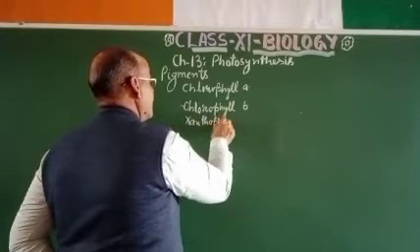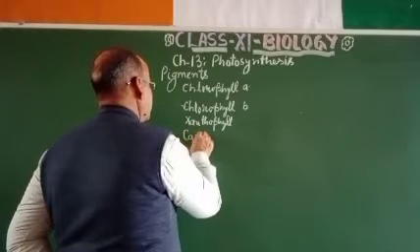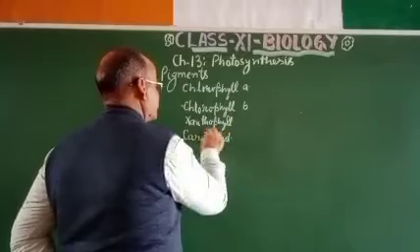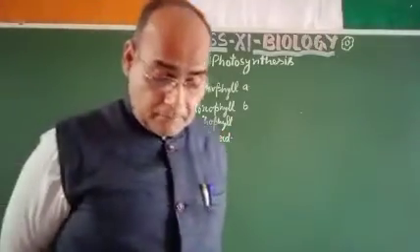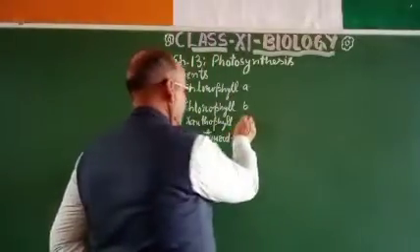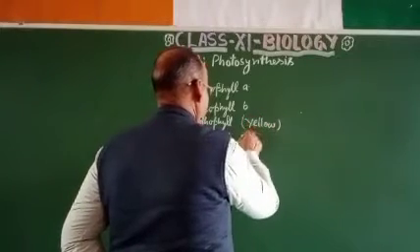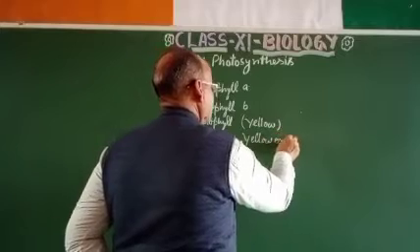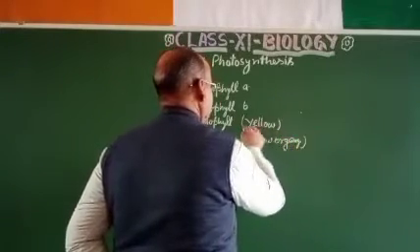The other pigments are xanthophyll and carotenoid. Xanthophyll is yellow, and carotenoid is yellow orange; the color varies from yellow to orange.